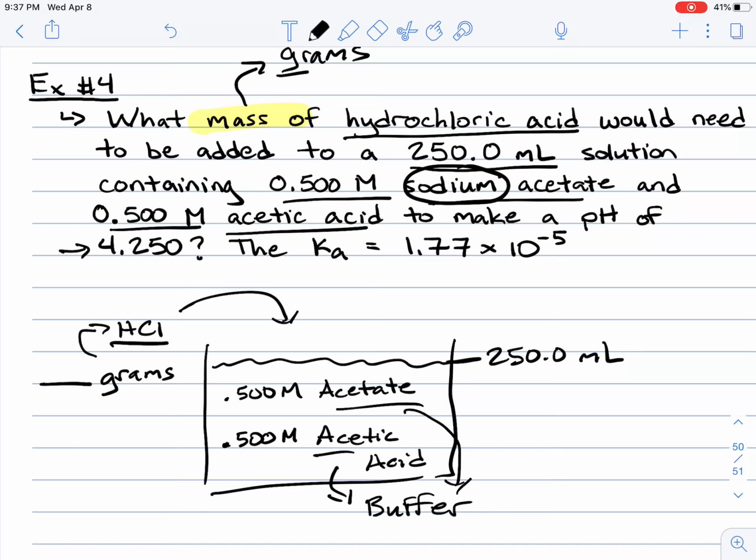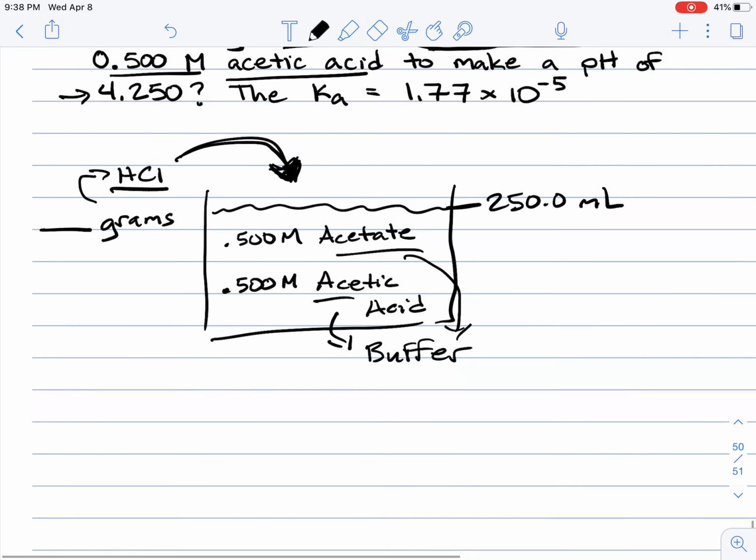Now, when we're adding hydrochloric acid into this solution, something also happens. This hydrochloric acid, when added, is not just going to float inside the solution. There's a reaction that's going to occur. HCl is a strong acid, and so we have an acid, and one of these components is going to be our base.